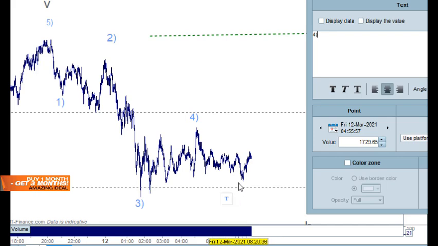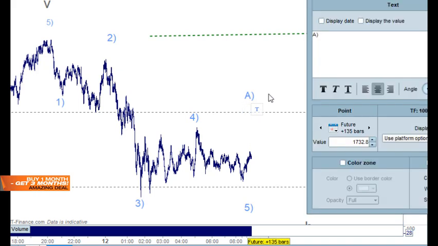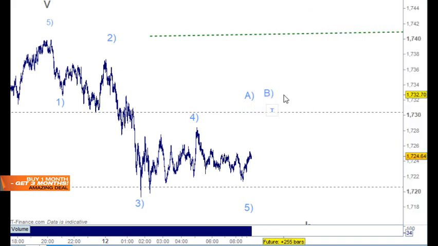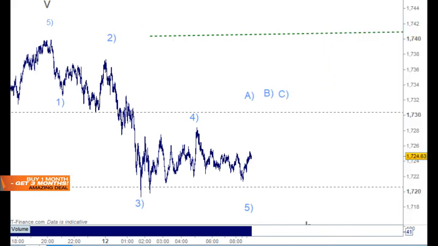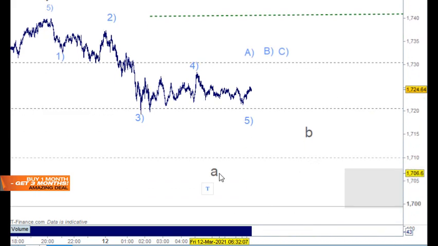Maybe that's it. I'm not quite sure, but 5, unless that's just the ABC, which I doubt. It looks a bit small. And then we still need the A, the B, and the C wave there. So just get rid of that. And then we need, okay, we've got them over here somewhere, haven't we?